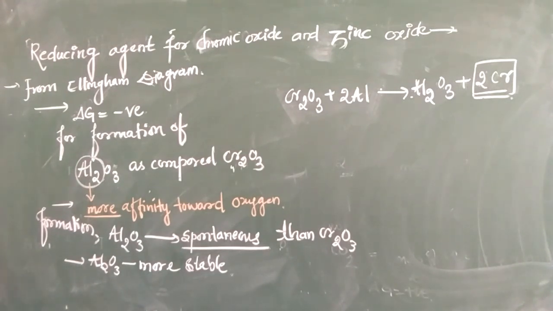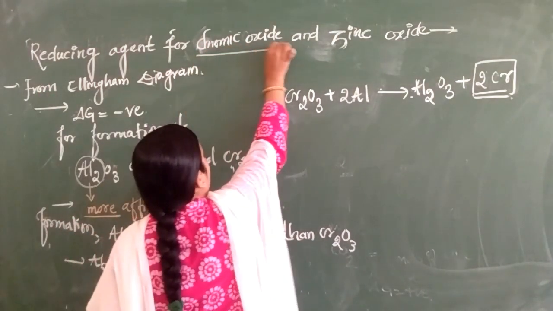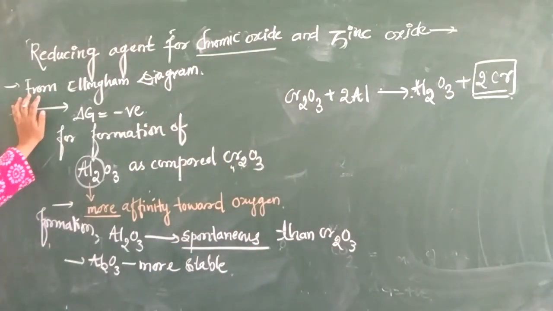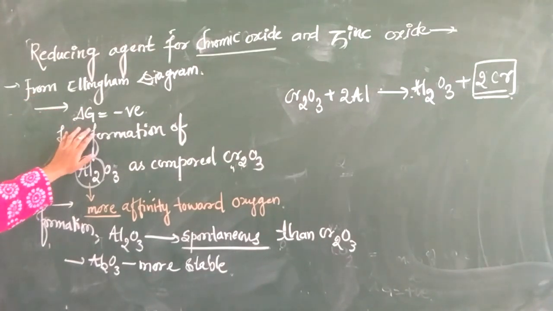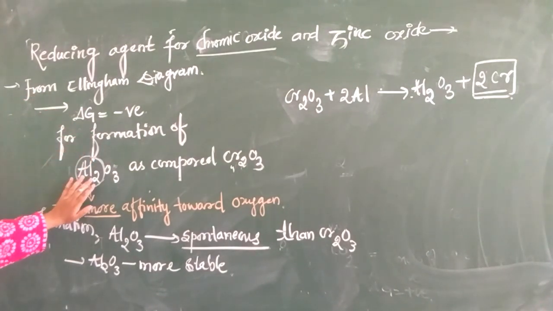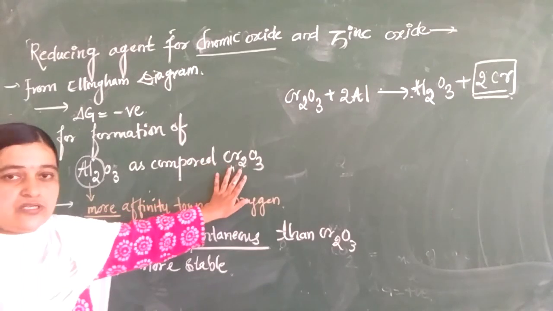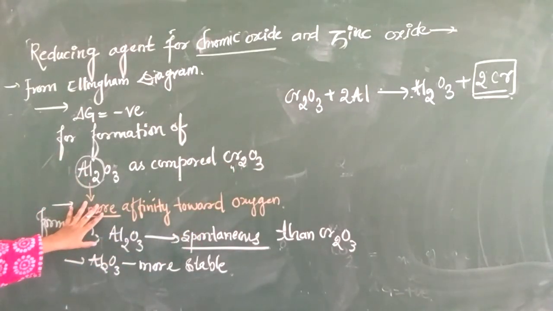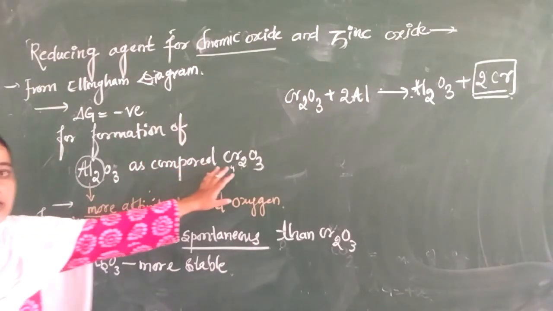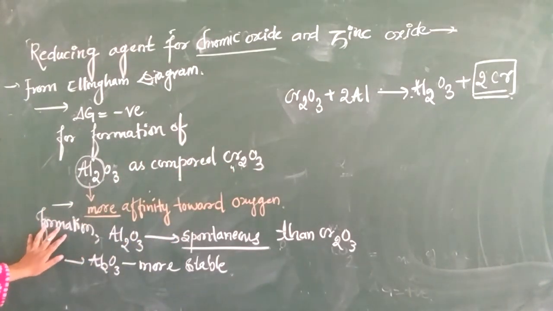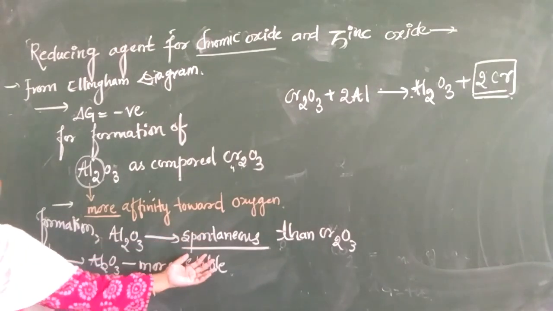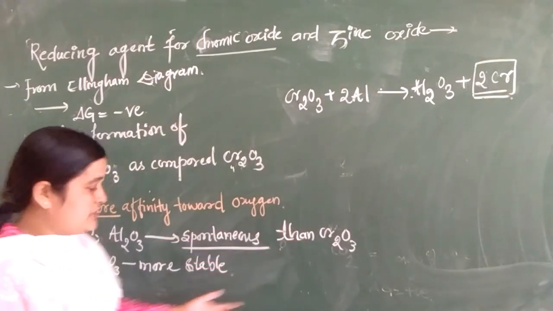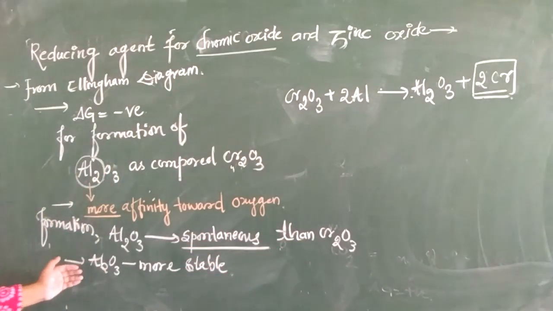I'll explain once again regarding this part. The reducing agents for chromic oxide and zinc oxide: first we will deal with chromic oxide. From the Ellingham diagram it is evident that the delta G value is more negative for the formation of Al2O3 as compared to Cr2O3, because aluminium has more affinity towards oxygen. So the formation of Al2O3 is spontaneous and aluminium oxide is more stable.